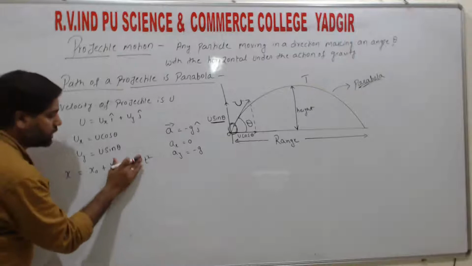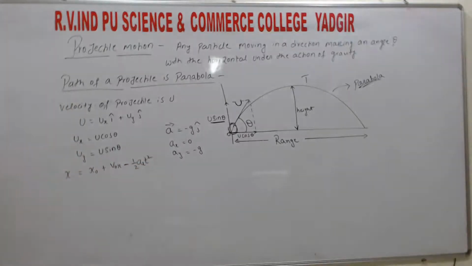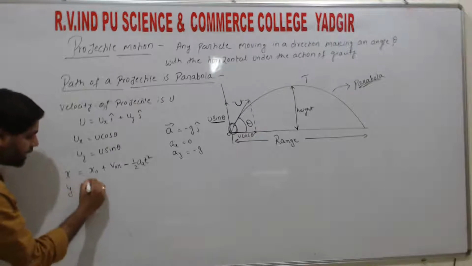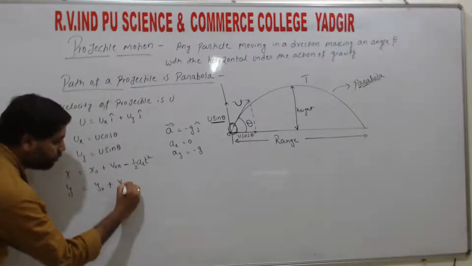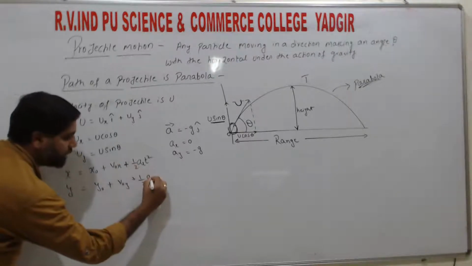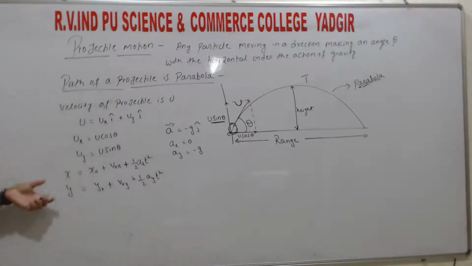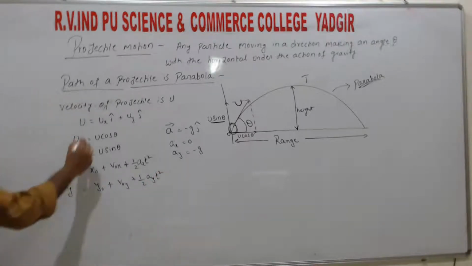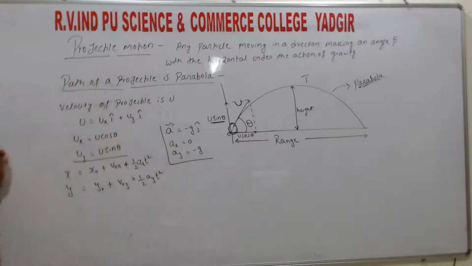So initially I will write half ax t square, right? Similarly for the vertical direction, y equals y0 plus v0y t plus half ay t square, right? So these two give the displacement. Here we get the velocities and here we get the accelerations.